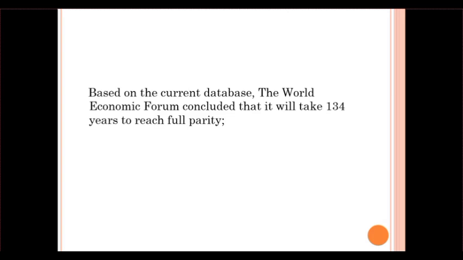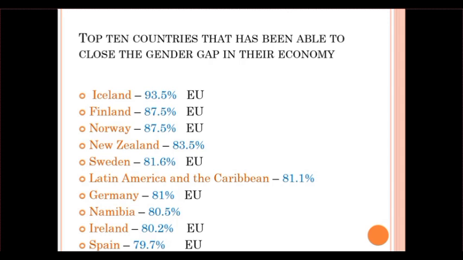The SDG 5 was created for it to be hit at 2030, but then they are saying it will take 5 generations to achieve full parity in the world. That's a lot of years to achieve this.